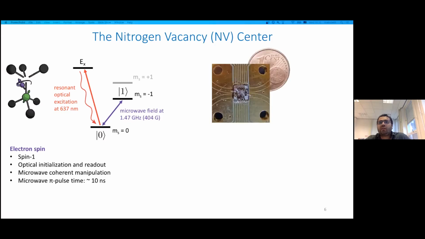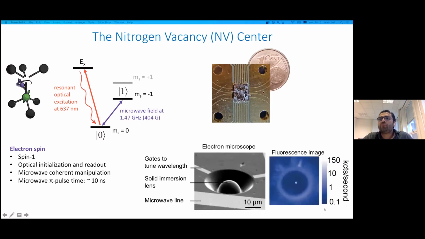So just to give you an idea, this is how our sample typically looks like. This little square here is our diamond chip. If we zoom in, this is what we find here. On top of an NV center, we fabricate a solid immersion lens to enhance the photon collection efficiency.